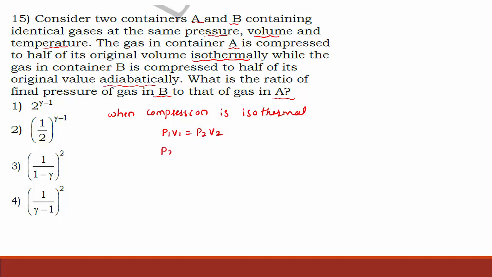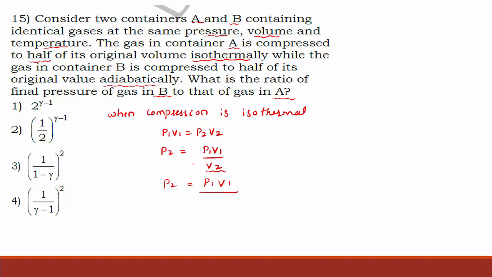Or I can write P2 equal to P1 V1 divided by V2, right? P1 and V1 stay as they are, divided by V2. V2 means final volume. Final volume is compressed to half of its original volume.